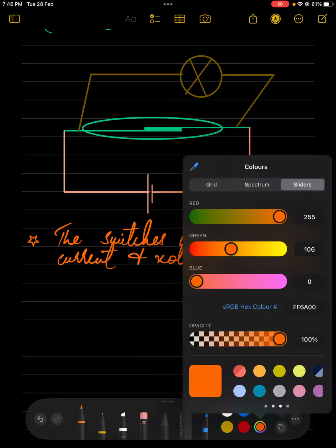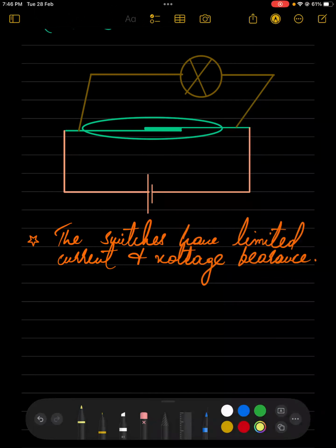So the question over here is कि हम heavy switch क्यों use नहीं कर रहे हैं, and why are we preferring the relay switch?